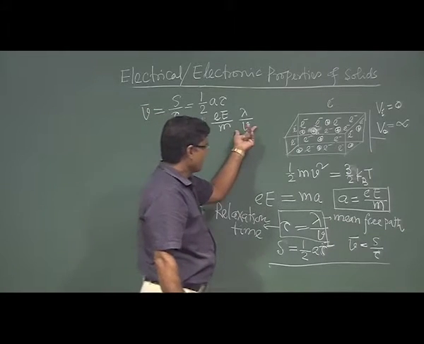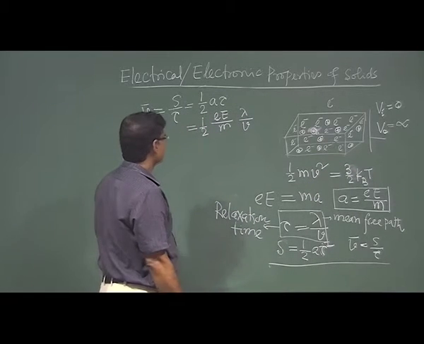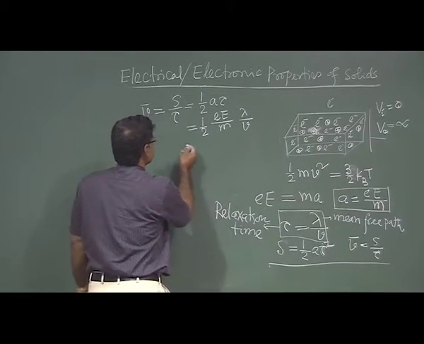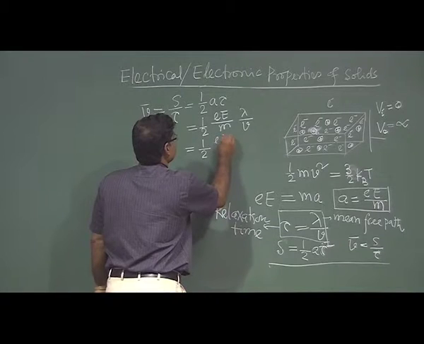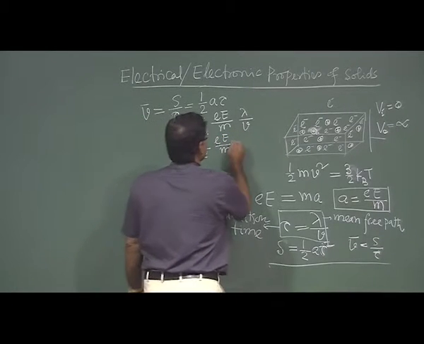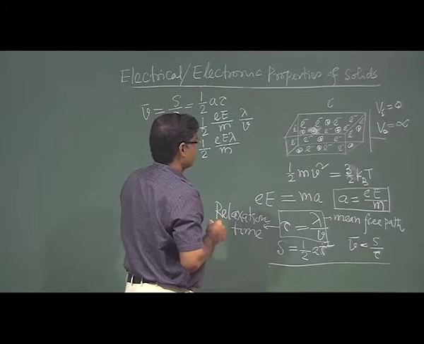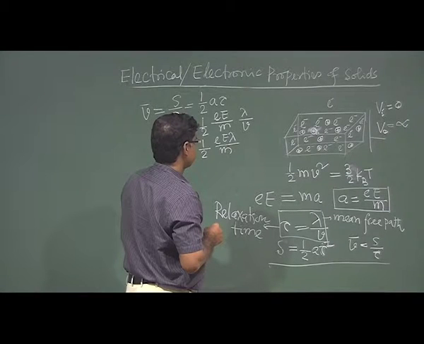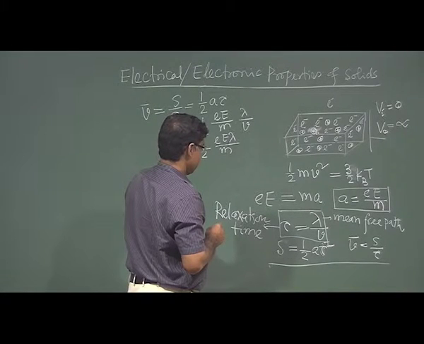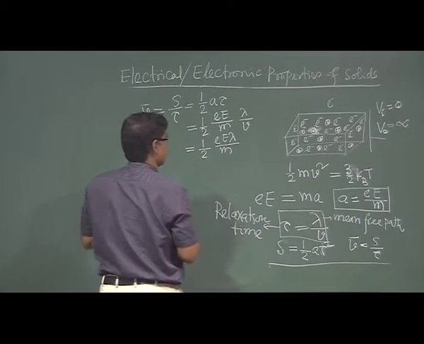Now, v one can find from here. So, what is v? If I replace v, half e E by m, this lambda let me write here, 1 by v. So, it is v square there.